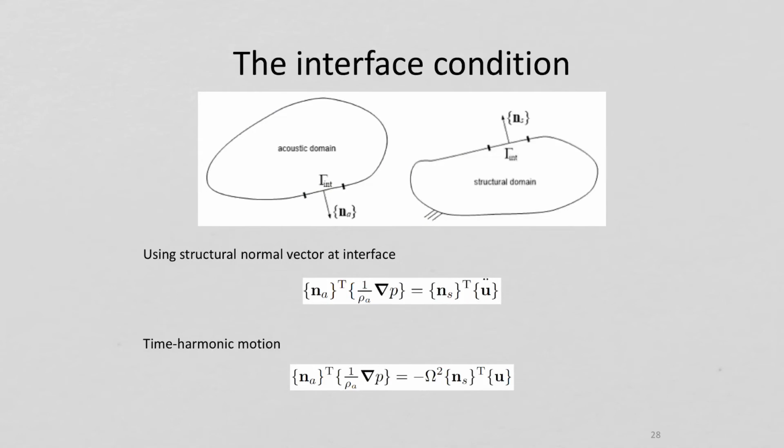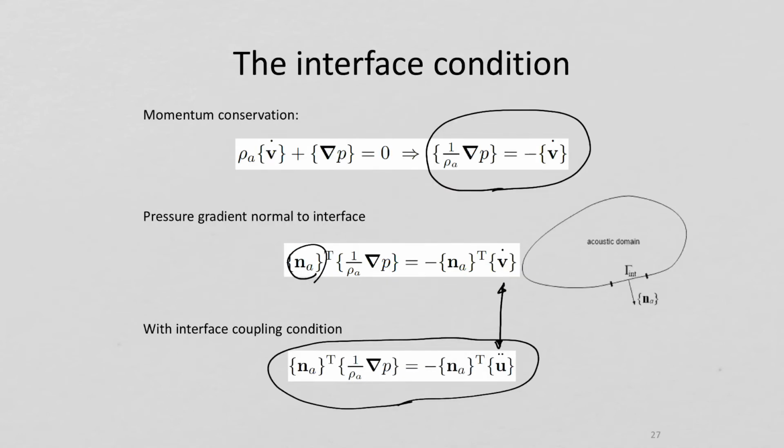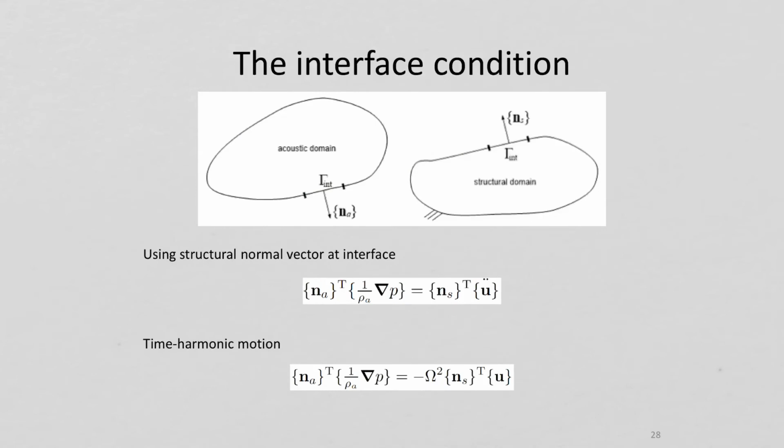Now we do one small trick here. n_a expresses, as shown in the drawing over here, the normal vector going away from the acoustic domain. Now we replace on the right hand side with a normal vector going out from the structural domain instead, as seen on the right here, because then we separate on the left side everything that deals with the acoustic side, and on the right side we have everything that deals with the structural part.